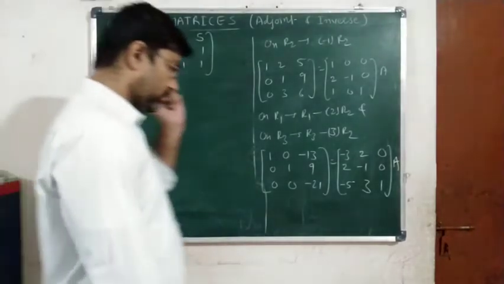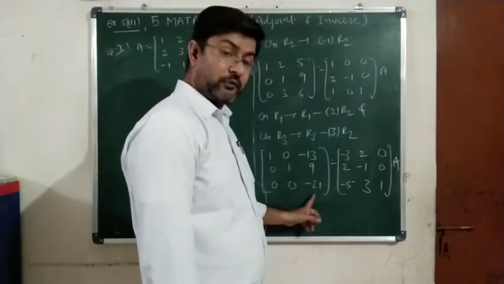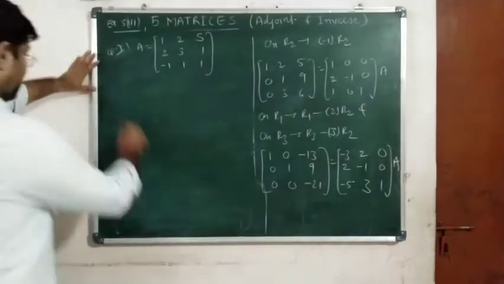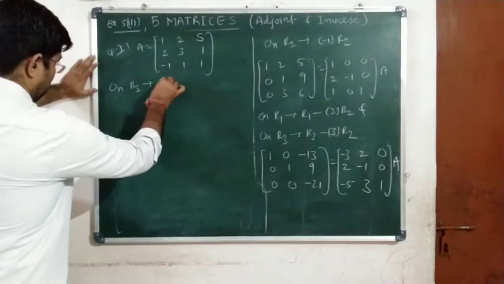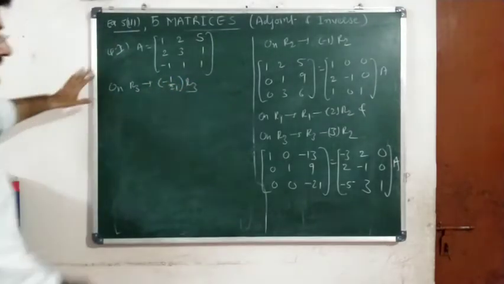Okay, now in order to bring 1 over here, we will multiply by minus 1 upon 21, yes or no? So on R3, minus 1 upon 21 into R3 here.